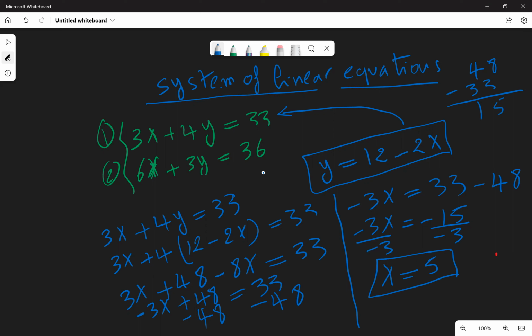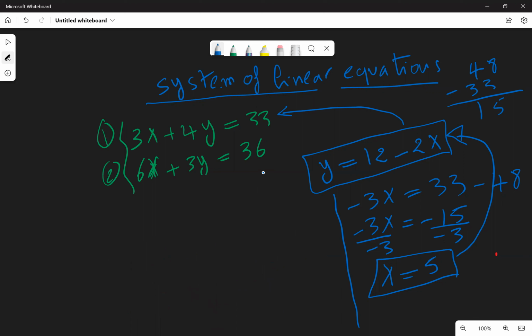So now I'm gonna go back to the second equation, and then over here in the second equation, either we go back to the original second equation, or I go back to this one here, and then substitute the value for x, and then solve for y. All right, so let's do that.